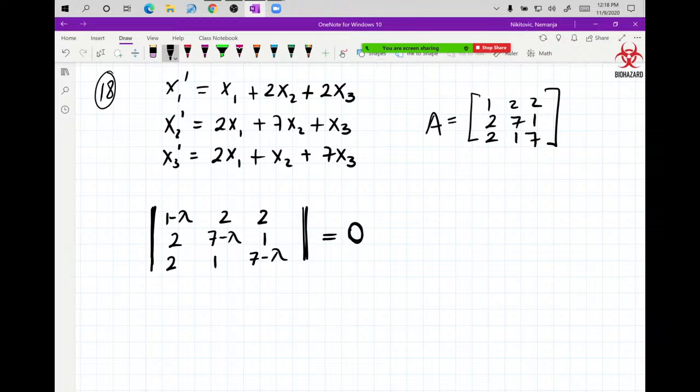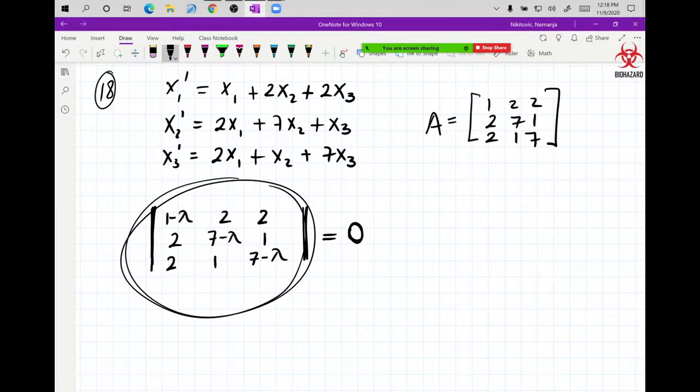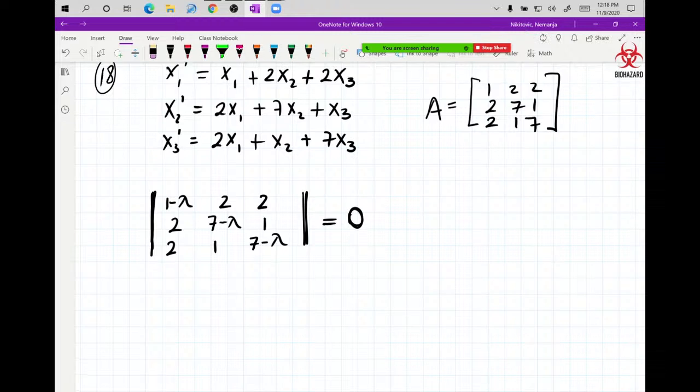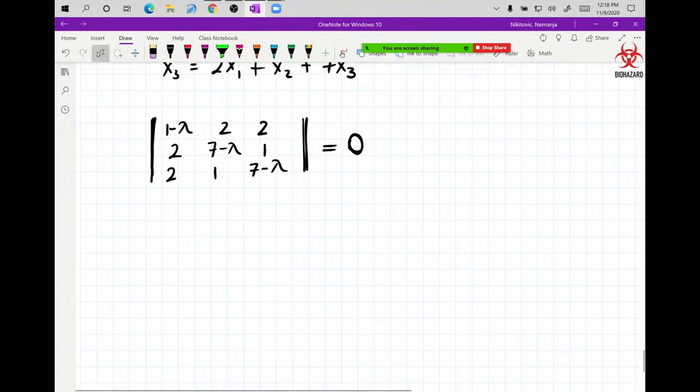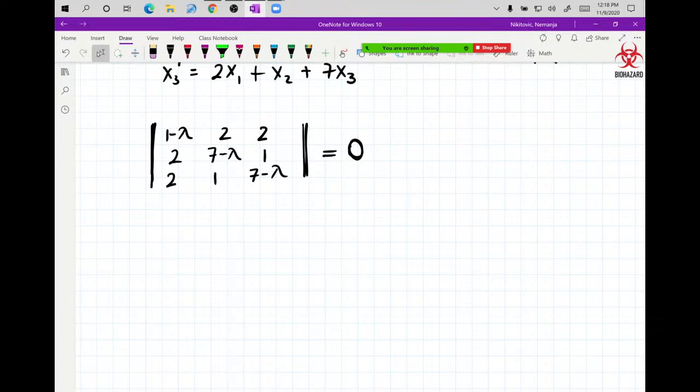Now, this is not a 0 vector. This is equal to 0 because this mess of the determinant is going to end up being some equation in lambda, lambda cubed, equal to 0. All right, so now what? Well, we know how to find the determinant for 3 by 3 matrices. It's long, it's painful, but hey, such is life.